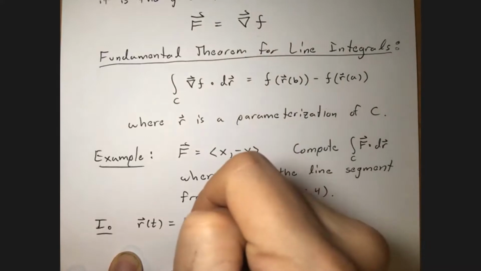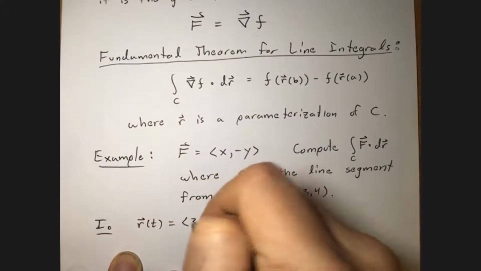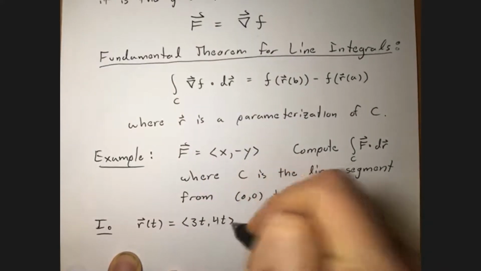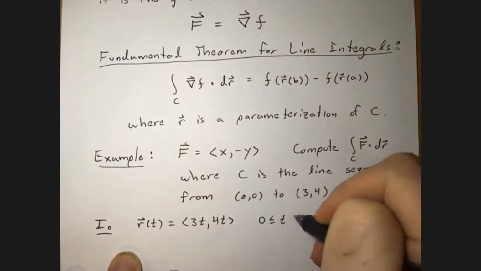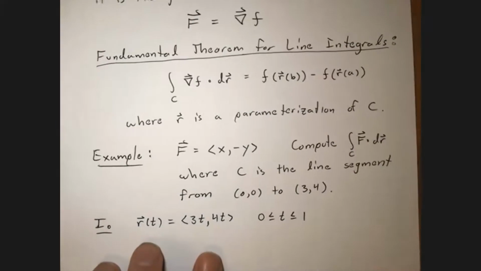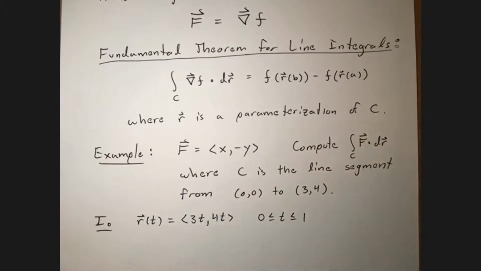How about 3t comma 4t, where t goes from 0 to 1. I like to parameterize from 0 to 1. It just seems like the easiest way to do it. Don't have to do it that way, but that seems like a nice way to do it. So when t is 0, we're at the point (0, 0). When t is 1, we're at the point (3, 4).